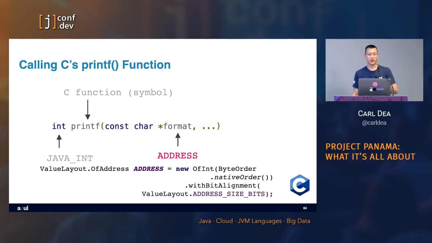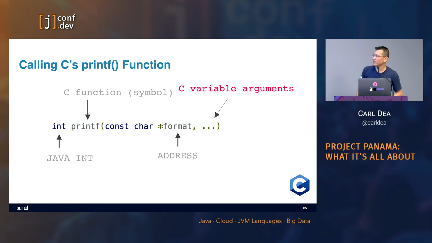So if you're ever describing a native function, and it says it needs a pointer, you're just going to put ADDRESS there. This extends from ValueLayout. And for that platform, it's probably 64 bits, the addressing scheme.